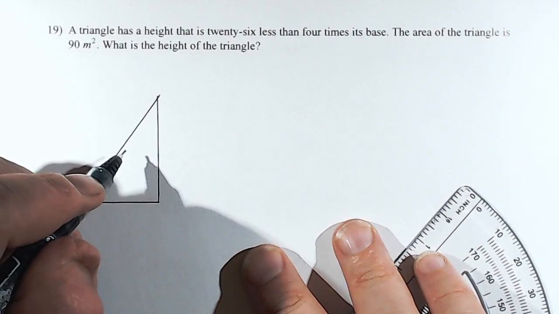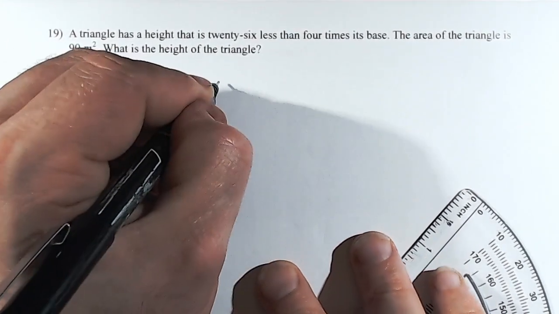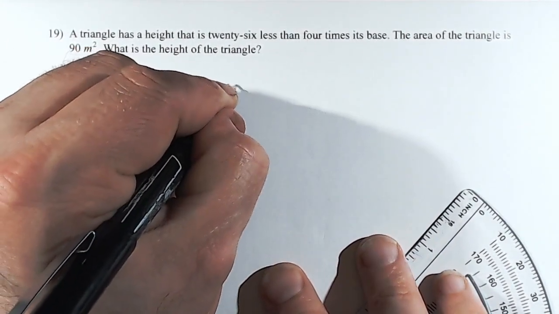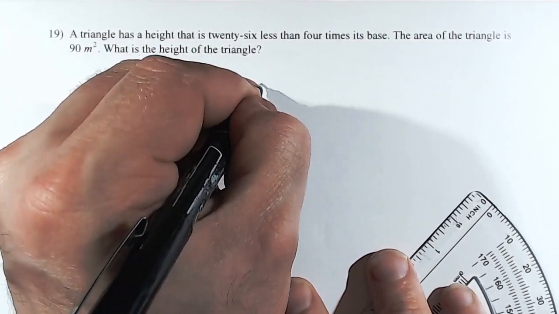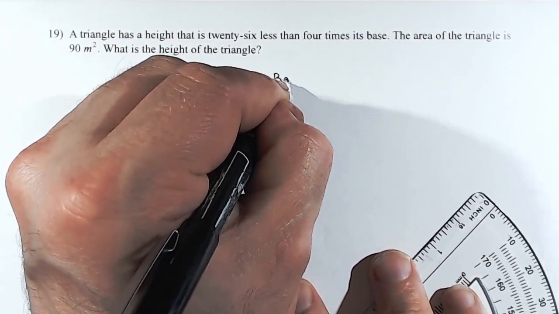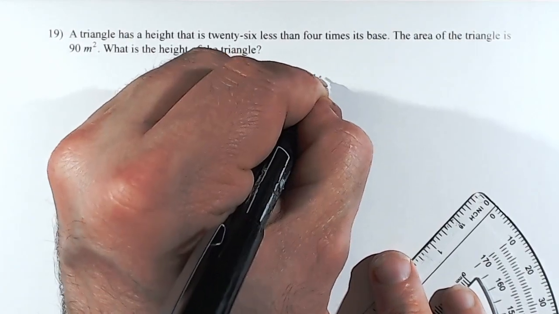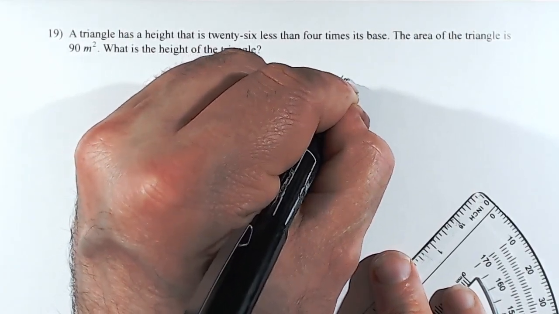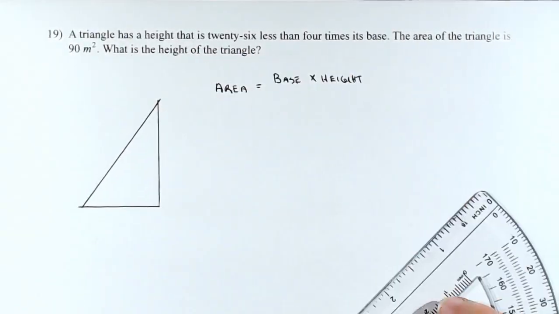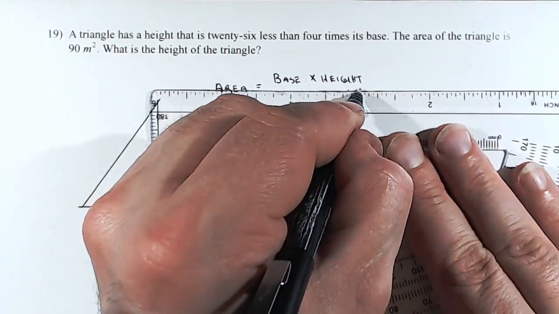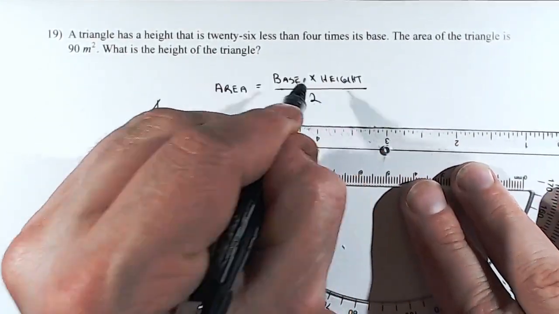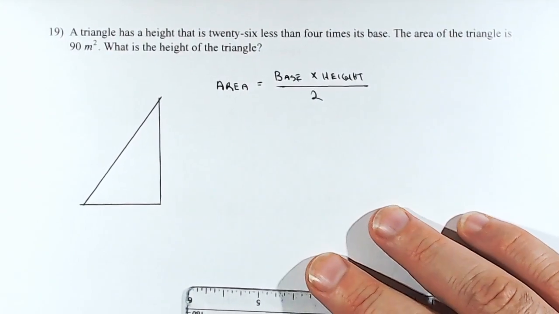But we know that the area of a triangle is equal to base times height over 2. All right, so that will come into play here in a second.